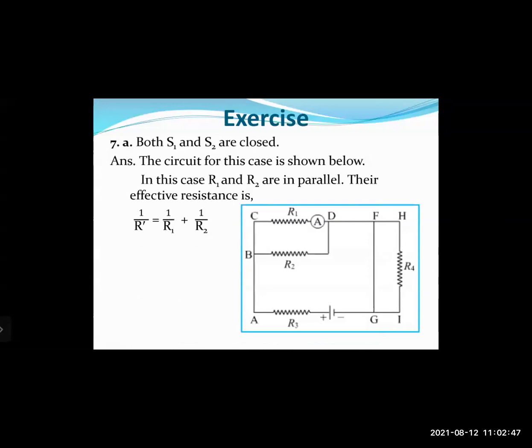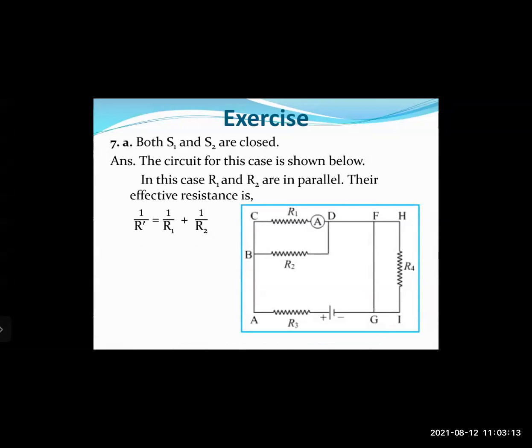First of all, as you can see, resistors R1 and R2 are in a parallel combination across points B and D. If you look at them carefully, what are their common points of connection? First is point B and the second is point D. So in that case, their effective resistance will be 1 by Rp equals 1 by R1 plus 1 by R2.